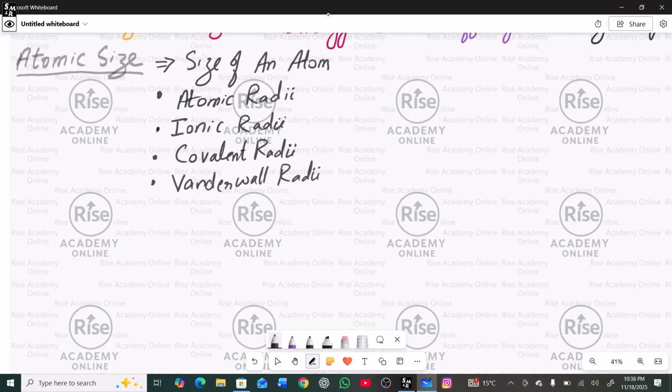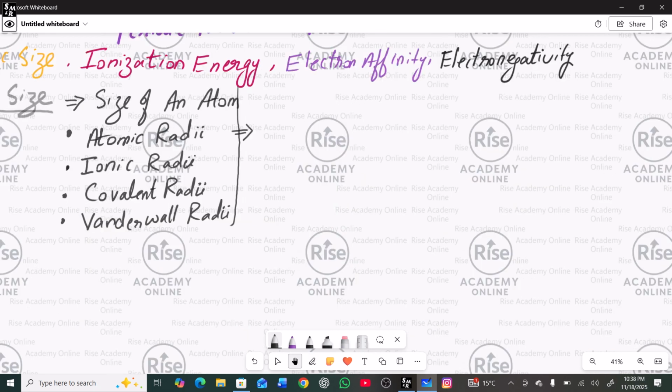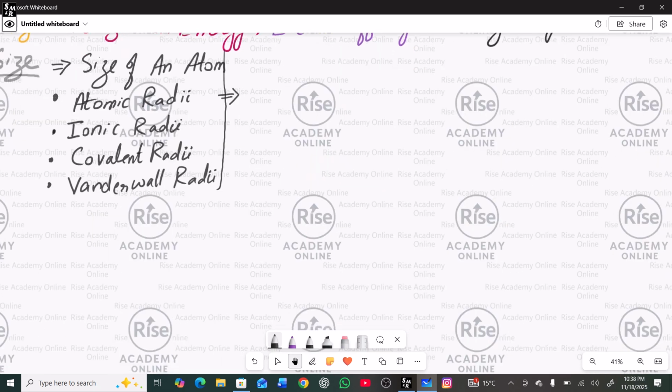So if we define atomic radii, ionic radii, covalent radii, radius is, as you know, basically half of the diameter.